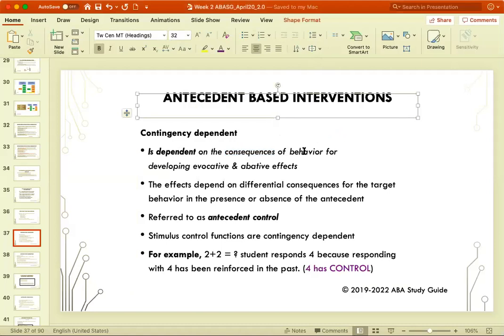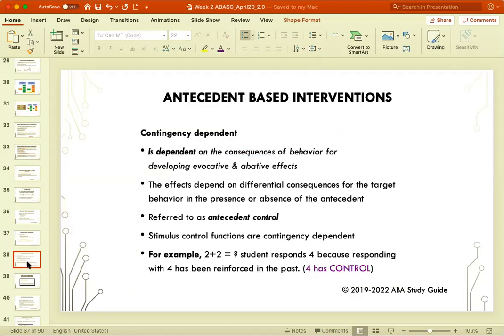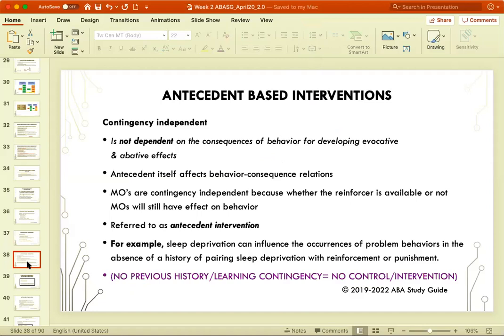Most interventions that we use where we are trying to teach a specific skill and we arrange the environment in order to have the response control the behavior are contingency dependent. We're going to talk a little bit more today about contingency independent responses. They are not dependent on the consequence of behavior for developing evocative and abative effects.